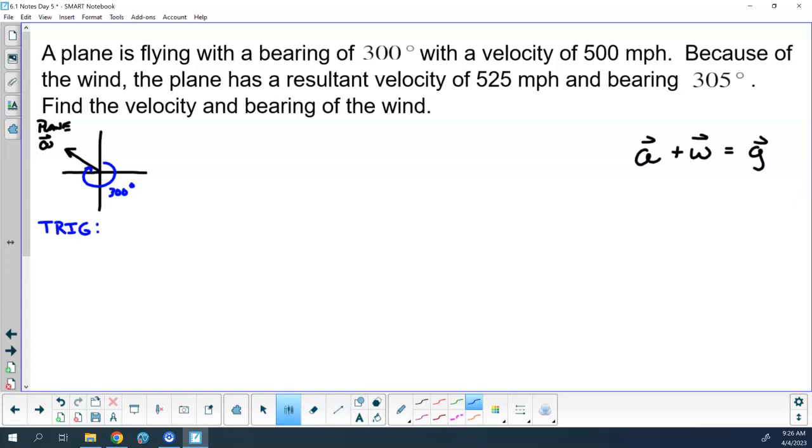Trig angle with a bearing of 300. 150, do we agree with 150? Yeah? Okay. So our trig angle is 150 degrees. So what would the actual vector be then for vector A?